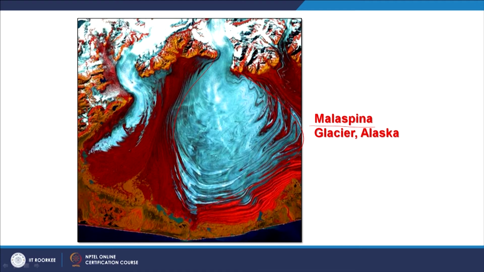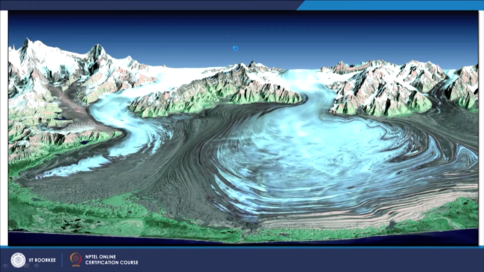Our glaciers are more or less finger shaped or linear, but this one is very unique, and it can also be studied through a 3D perspective. You can get a real feeling about the glacier, and one more coming from this direction. That gives you a real ground feeling even without going to the ground. And if I have to study on the ground, I can plan my field studies initially based on these 3D perspectives.